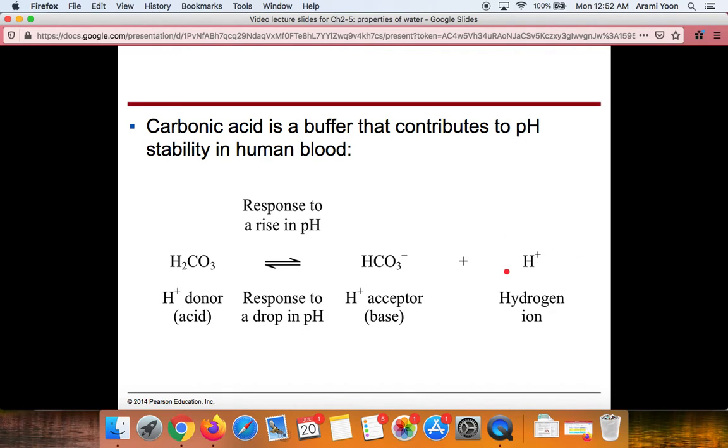But this is also reversible. This hydrogen bicarbonate ion can actually accept hydrogen ions to reform H2CO3. And so because of the presence of both this molecule and this molecule in solution, this is what we call a buffer system.